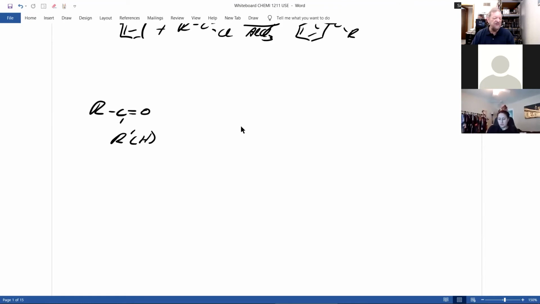Since both aldehydes and ketones give the same type of product, when R prime is hydrogen, it's an aldehyde. When R prime is carbons, it's a ketone.